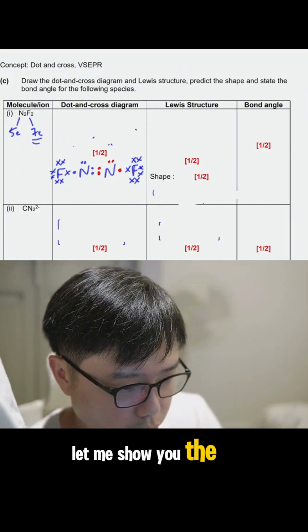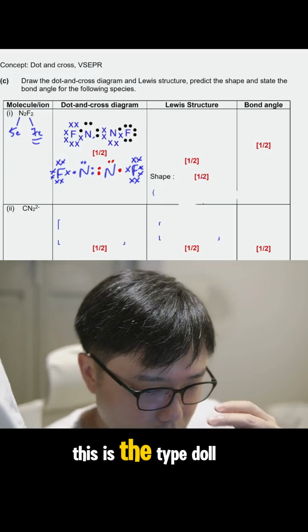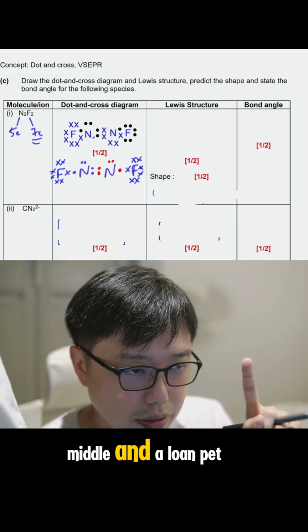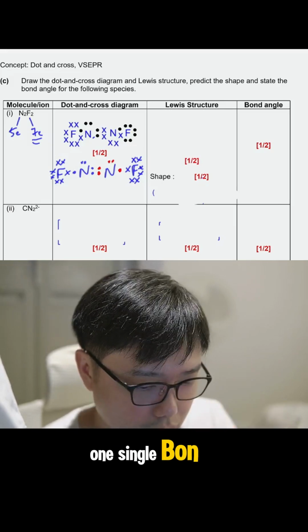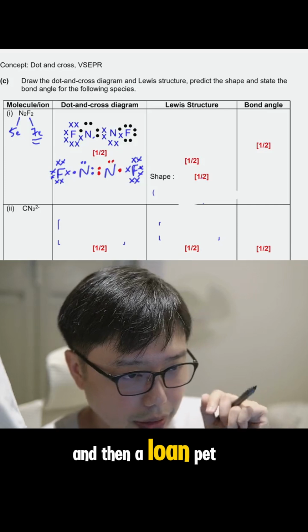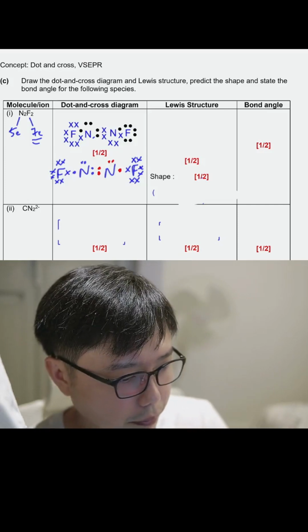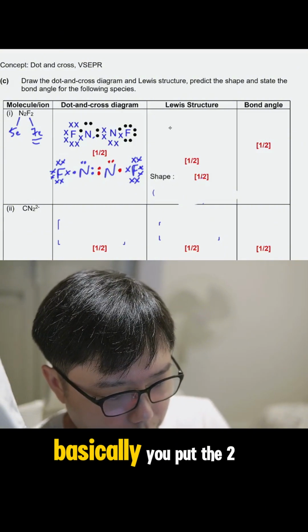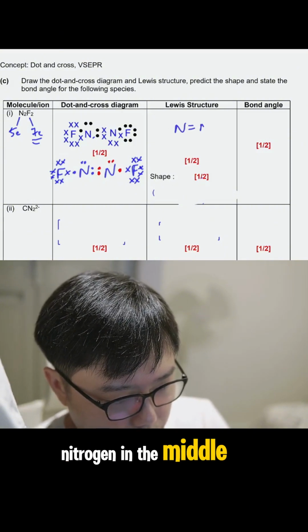Let me show you the typed out version. So you have 1 single bond, 1 double bond in the middle, and a lone pair. Okay, so how do you draw the Lewis structure? Basically you put the 2 nitrogen in the middle.